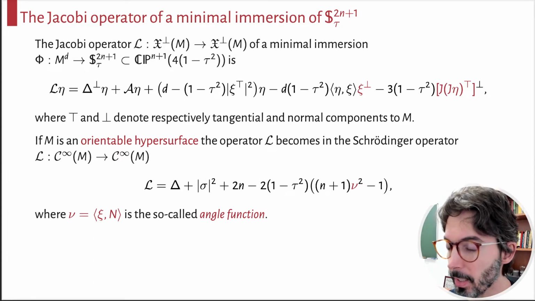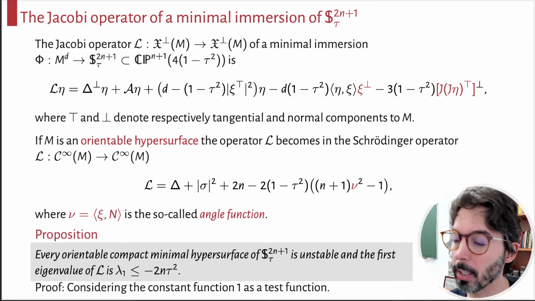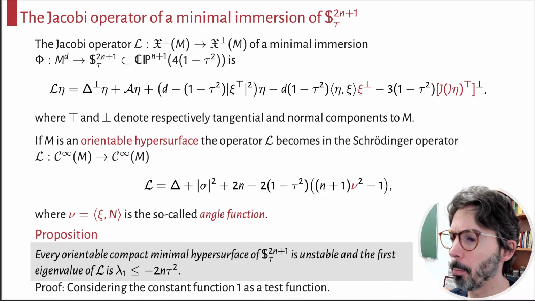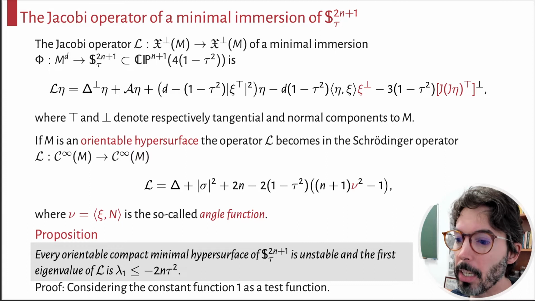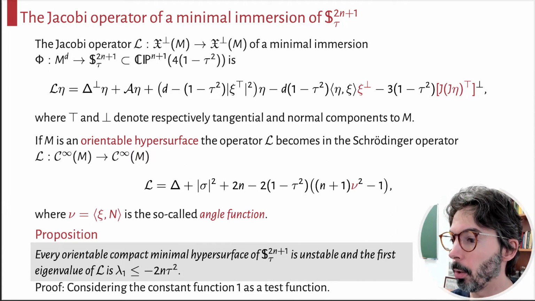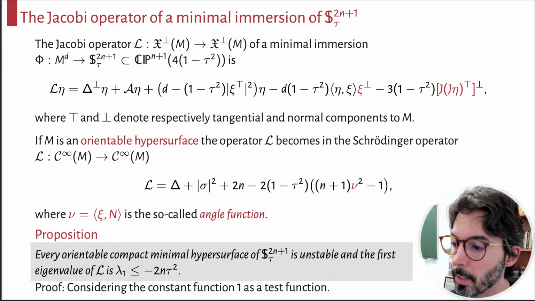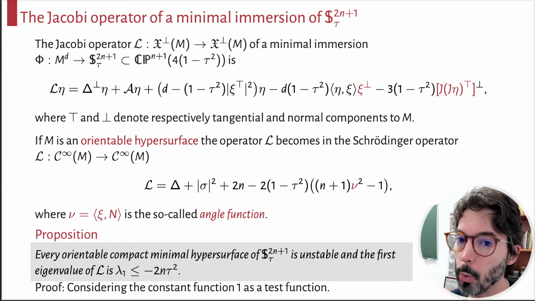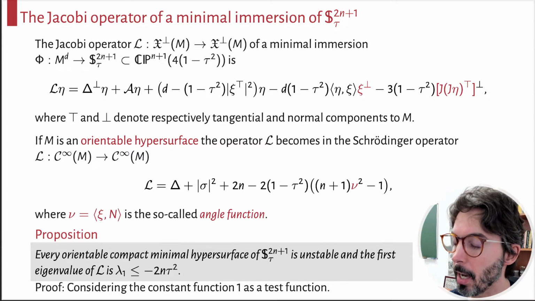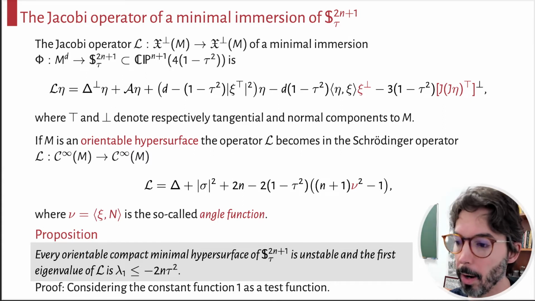Directly from this expression, we have the following proposition: every orientable compact minimal hypersurface is always unstable, and the first eigenvalue of the Jacobi operator in this case is always less than or equal to -2n tau squared. The proof is rather easy, and it is just considering as test function the constant function 1.